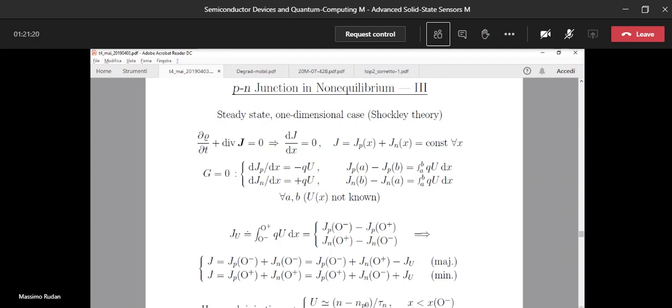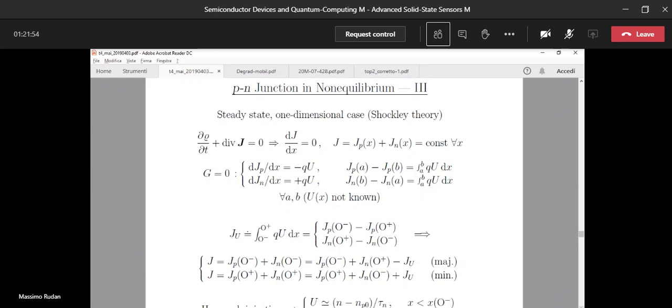You remember we have Auger recombination, impact ionization, optical, whatever. All of this goes to 0. We don't have it. So the two continuity equations in steady state for Jp and Jn become those that you can see there. Derivative of Jp with respect to x is equal to minus q times U.